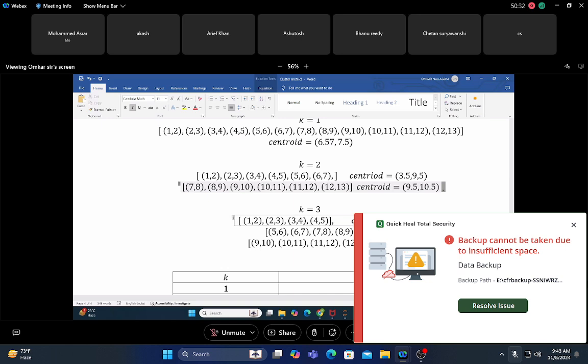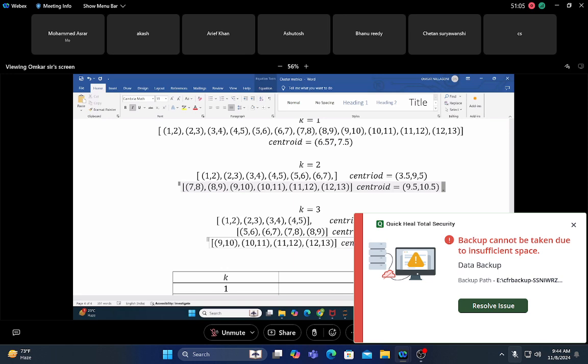Who has done the first part? 2.5 comma 3.5. Saraswati, what is the centroid for this one? Rahul and Shubham, centroid for the third one. 10.5 comma 11.5, correct.